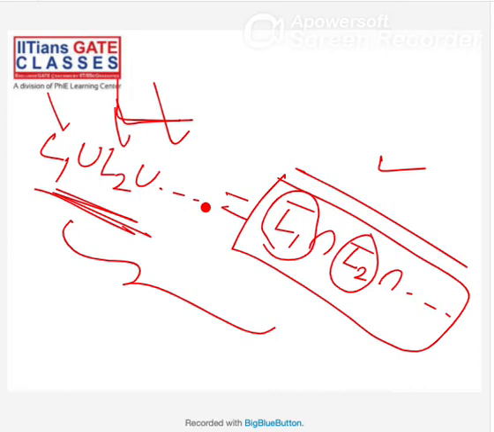So what have we shown? We have shown that if we assume that regular languages are closed under infinite intersection, then automatically we also prove that regular languages are closed under infinite union. But this is not true. We have already seen that regular languages are not closed under infinite union.